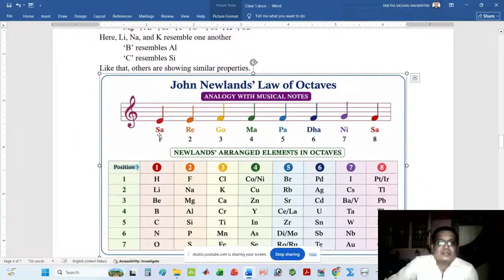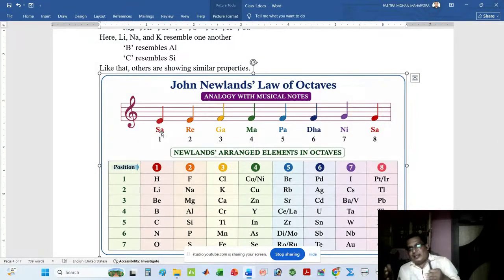When I go to the sa, it gives a proper sound. When we shift from sa to re, it gives another sound. Next, move to ga, it again changes. Ga to ma changes, ma to pa changes, pa to dha changes, dha to ni changes.